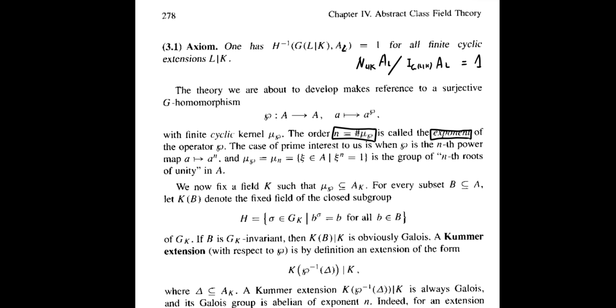The case of prime interest to us is when P is the nth power map, mu p equals mu n, all the elements of A, that is, nth roots of unity.